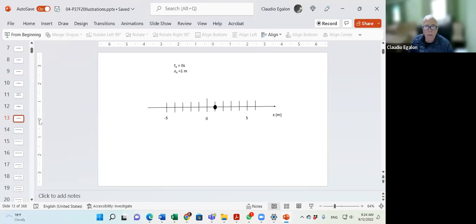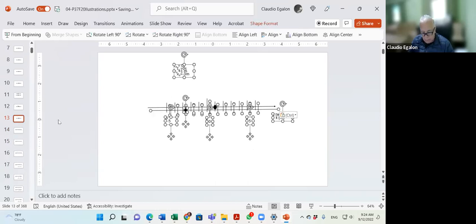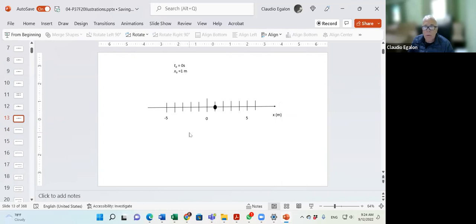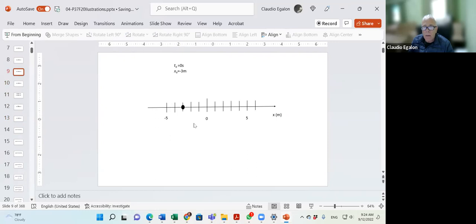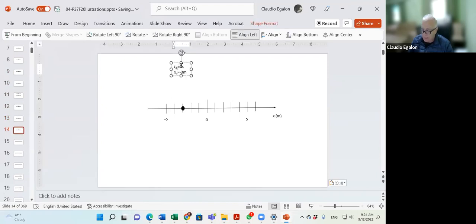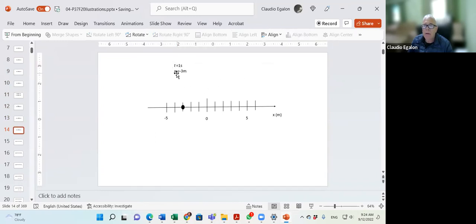Let's see here. No, I don't want to do that. I want to do it this way. Here you go. Now, let's say T equal to 1 second. I'll put 1 second here, right?